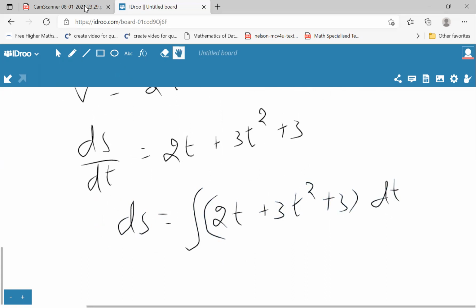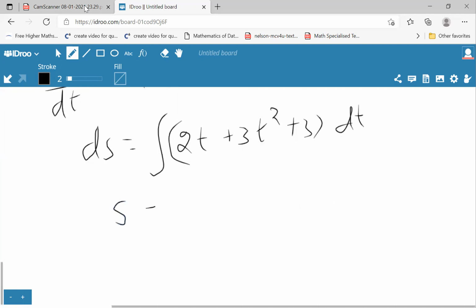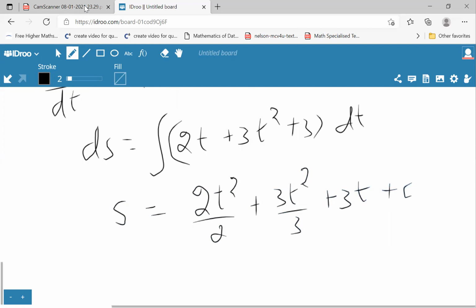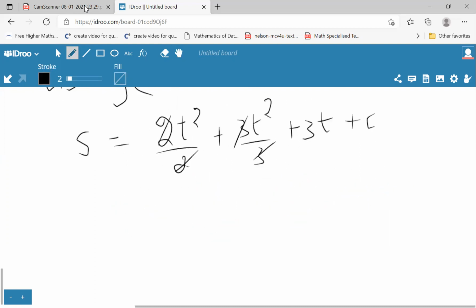On integration, we get s is equal to 2t squared by 2 plus 3t cubed by 3 plus 3t plus c. So 3 and 3 will get cancelled, 2 and 2 will get cancelled. So therefore, s is equal to t squared plus, sorry, this is t cubed, children. t squared plus t cubed plus 3t plus c.